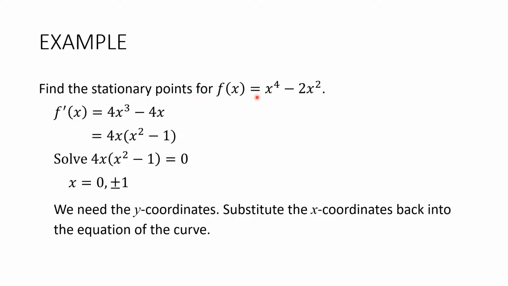Putting 0 in there, we get 0, and plus or minus 1 are both going to give us the same answer. So 1 to the power of 4 is 1, take away 2 times 1, which is negative 2, so 1 take away 2 is negative 1. So we have our points 0, 0, 1, negative 1, and negative 1, negative 1. There's our 3 stationary points.